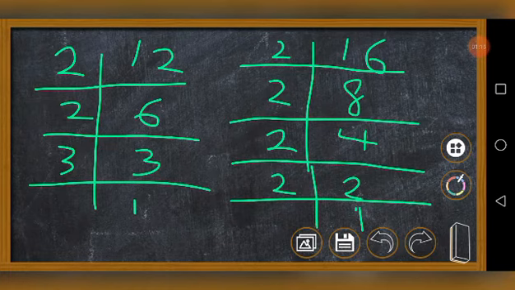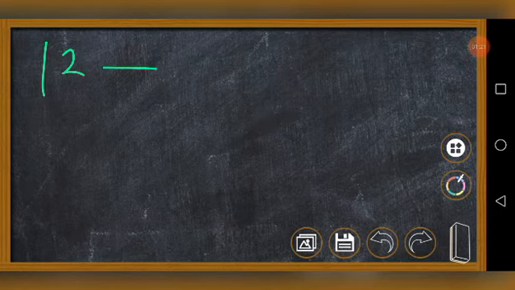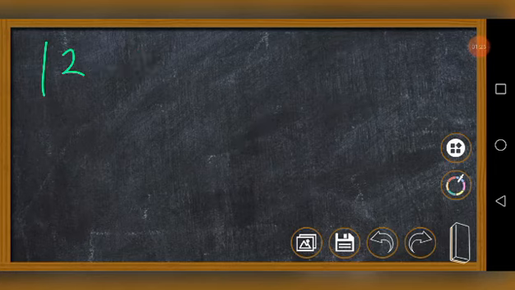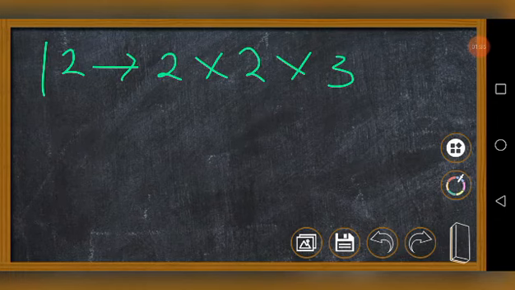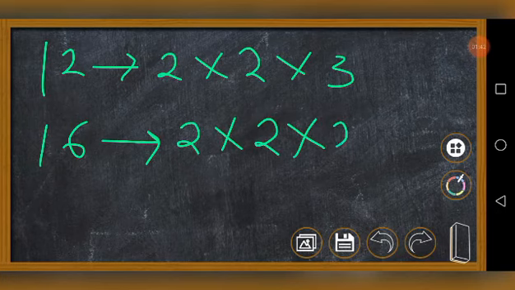Now we will rewrite the factors. The factors of 12 are 2 times 2 times 3, and the factors of 16 are 2 times 2 times 2 times 2.